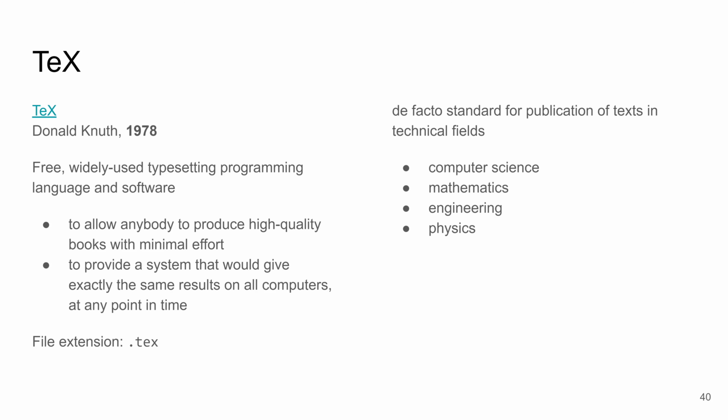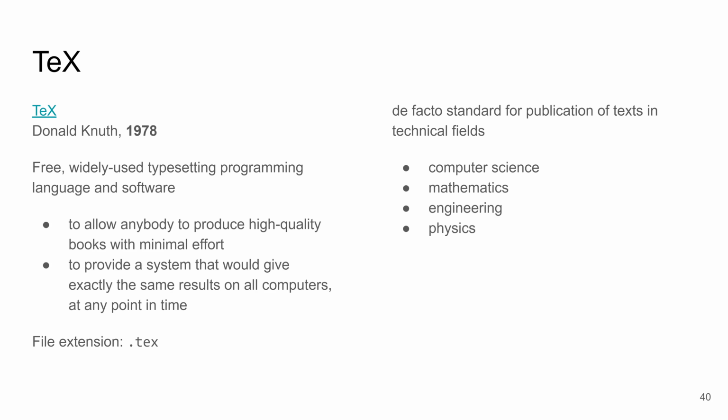It is a typesetting programming language and software, which means it is meant for typesetting, well, books and papers and articles that will end up printed eventually. And it is actually older than any of the formats that we talked about up to now.